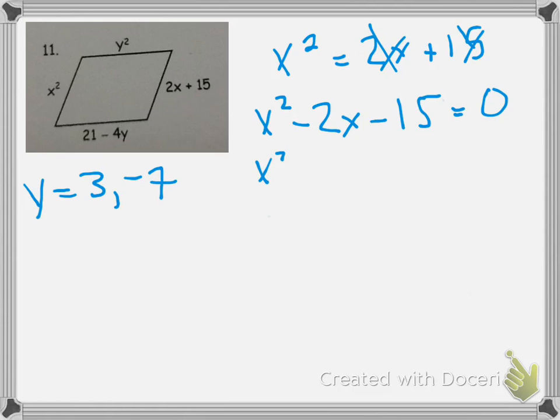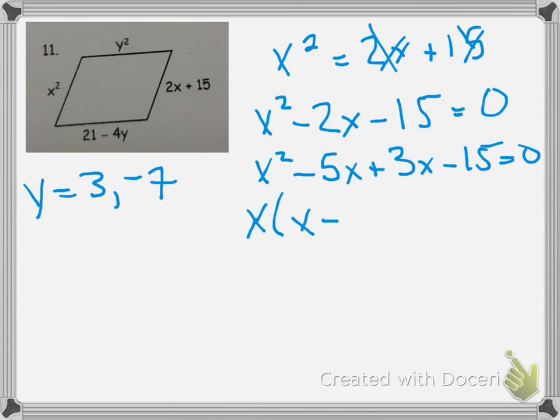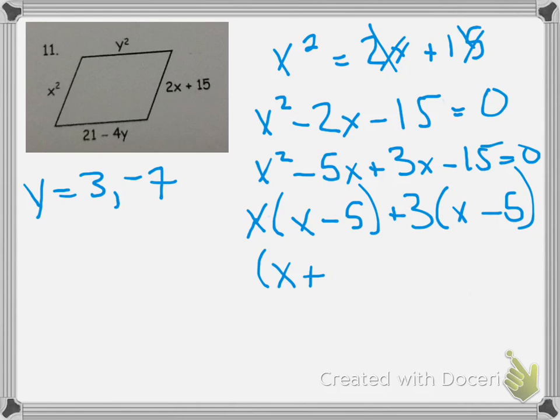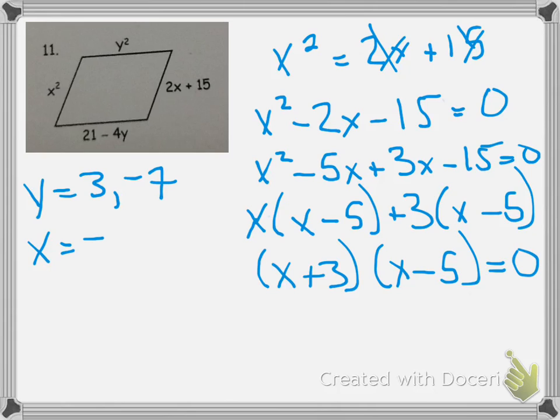So this is x squared minus 5x plus 3x minus 15 equals 0. Factor out my x minus 5 and 3, x minus 5. So that becomes x plus 3, x minus 5. And when I solve for x, I get x is equal to negative 3 and 5.